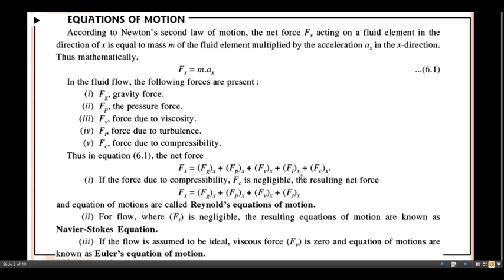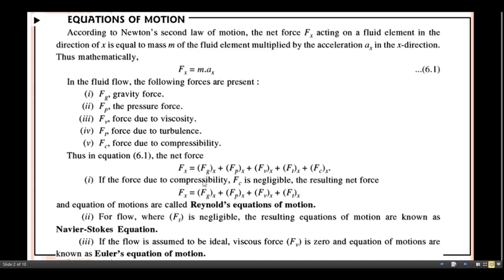Now when we neglect the force due to compressibility, the resulting net force Fx is Fgx plus Fpx plus Fvx plus Ftx. This equation of motion is known as Reynolds equation of motion.